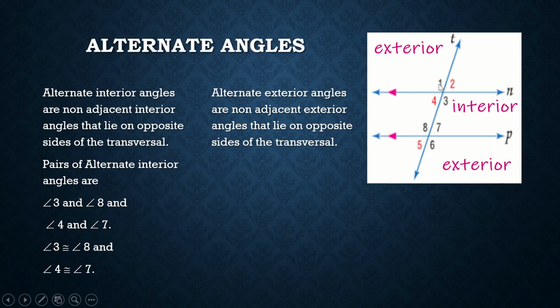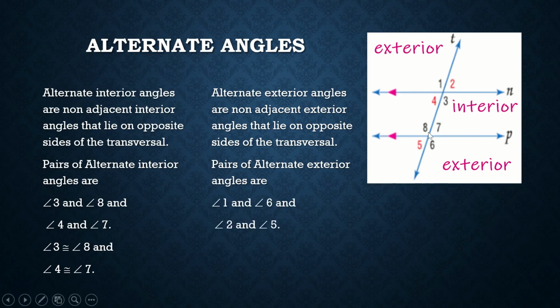So angle 1 and angle 2 are adjacent. We need non-adjacent. So angle 1 and angle 6 are alternate exterior angles. Therefore, pairs of alternate exterior angles are angle 1 and angle 6, angle 2 and angle 5.